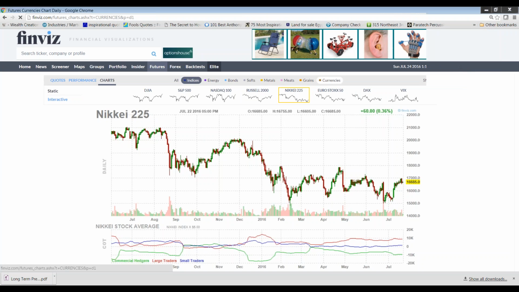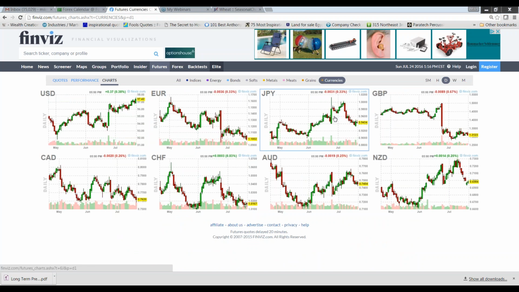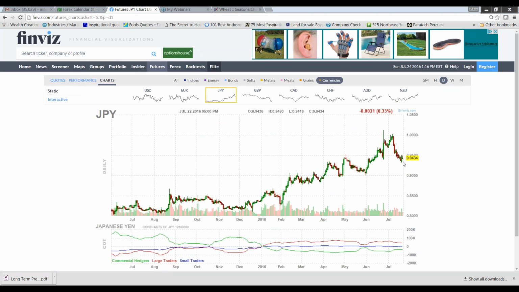And if we go to the currencies, this Thursday is a big rally in the yen on Thursday. So they all move. The Nikkei goes up, the yen comes down. The euro stock goes up, the euro comes down, and so on.